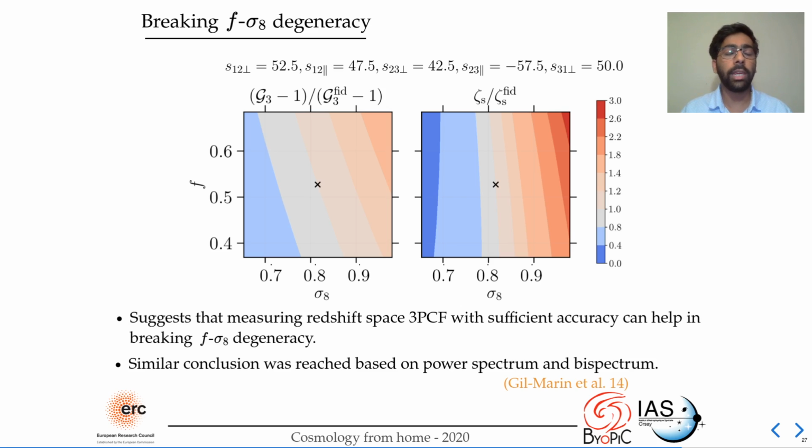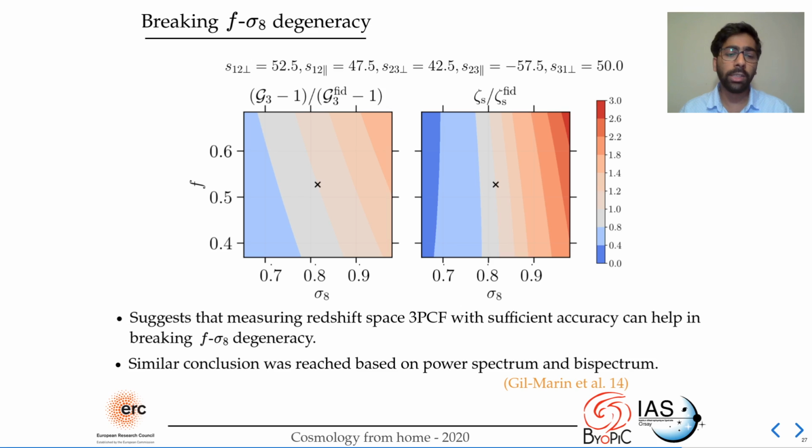On the left panel here we show the G3, or the full correlation function, which is dominated by the 2-point contribution, while on the right side we show the connected correlation function, and we see the dependence on the f sigma 8 plane is different. This suggests that if we were to measure the redshift-space correlation function with sufficient accuracy, it can help in breaking the f sigma 8 degeneracy.